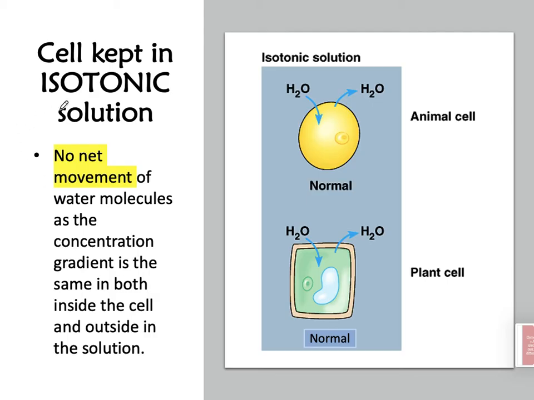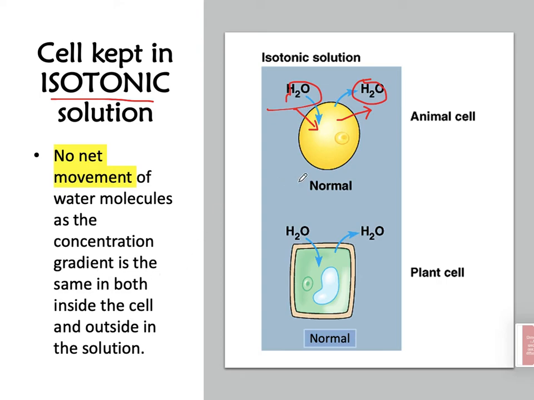Now see the isotonic again in detail. So what is happening in an isotonic solution? The concentration of solute is equal on both sides, as well as the concentration of water is also equal on both sides, right? In that case, water will come inside, of course, because the cell membrane is always permeable to water, and water will keep on going outside as well. So what is going to happen? Water movement is going to be there.